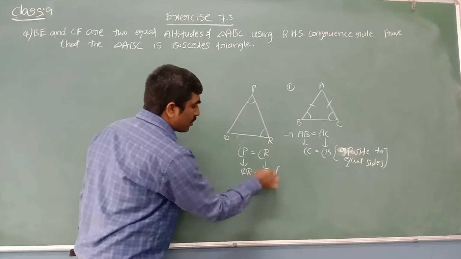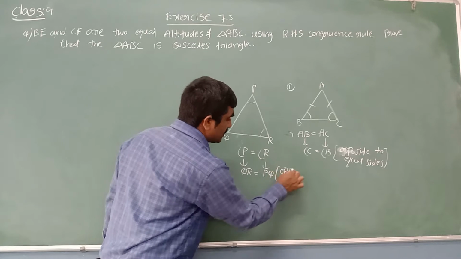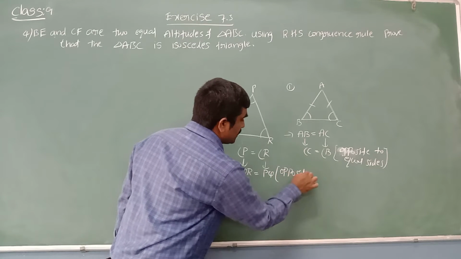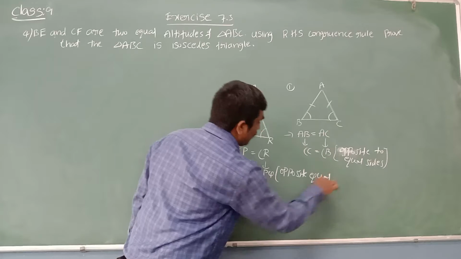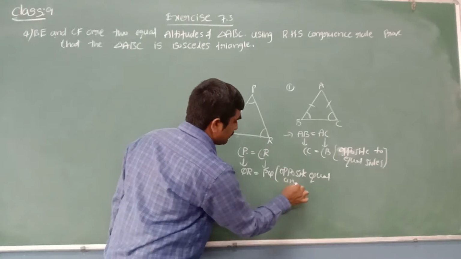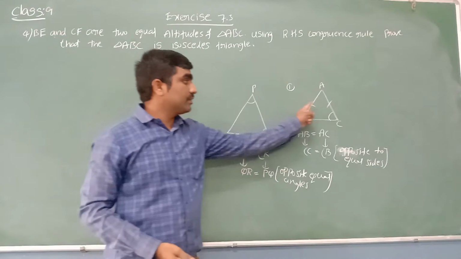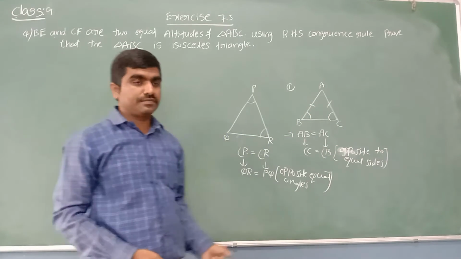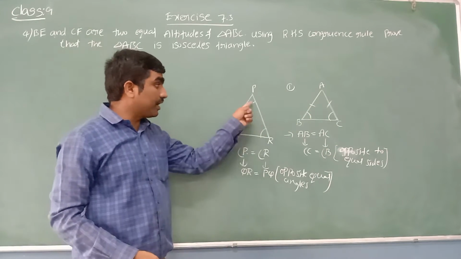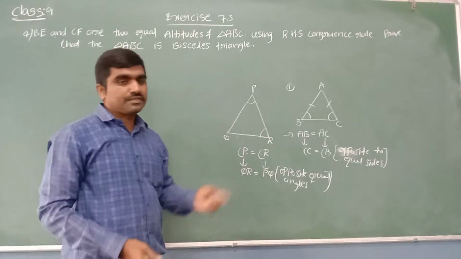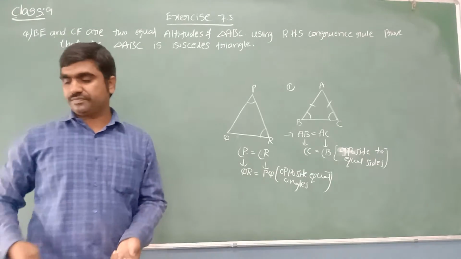PQ. So why are they equal? They are opposite to equal angles. Hope it is clear for everyone. Two sides are equal, their opposite angles are equal. Converse also: if two angles are equal, their opposite sides are equal.